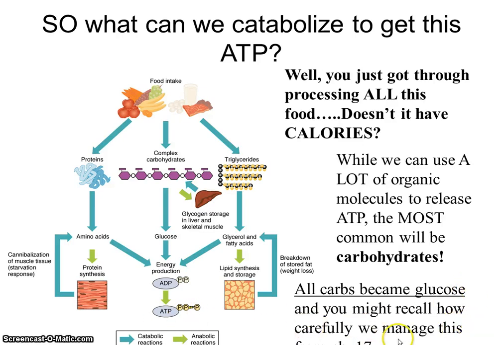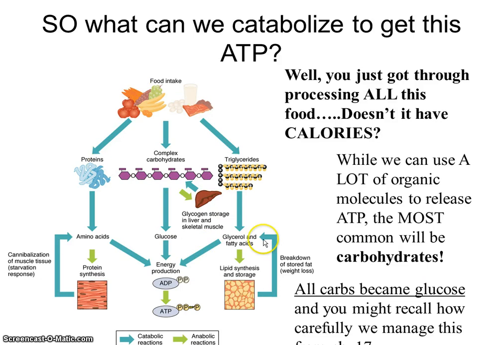You might recall how carefully we managed this from the chapter on endocrine. We devoted quite a few hormones to trying to maintain glucose levels in our blood. And I said back in that chapter that we do this because the nervous tissue absolutely requires a certain concentration of glucose in order to keep functioning. And many, many tissues use glucose to manage their energy needs.